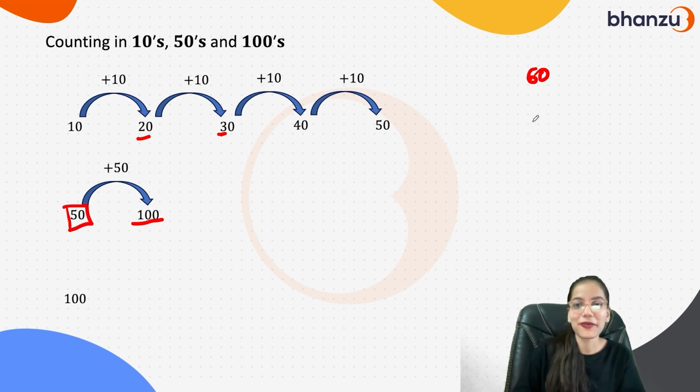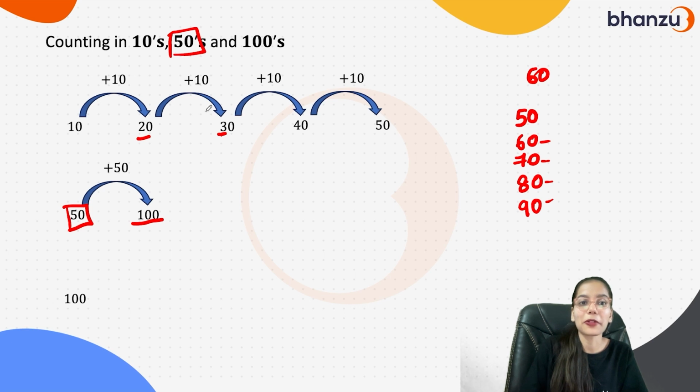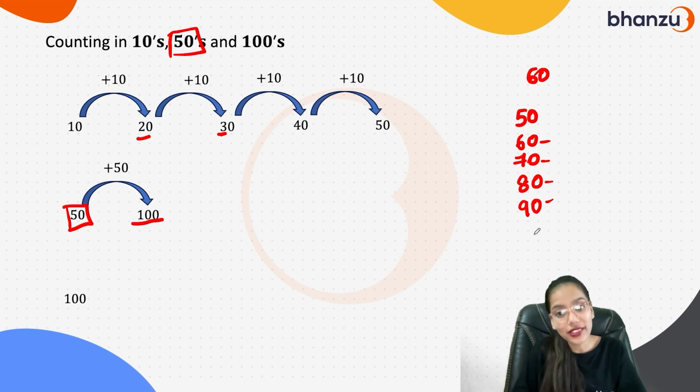Let me show that to you. So you have 50 plus 10 is 60, plus 10 is 70, plus 10 is 80, plus 10 is 90. How many times did we do it? 1, 2, 3, 4. We have to do it one more time because we are counting in 50s now, correct? So when you do one more time, the 9 should become 10, correct?